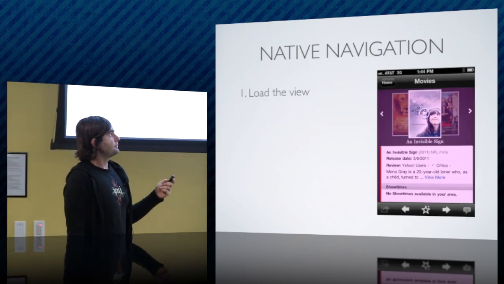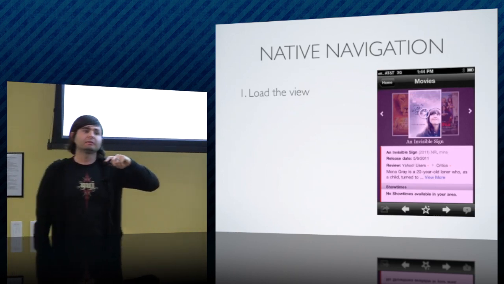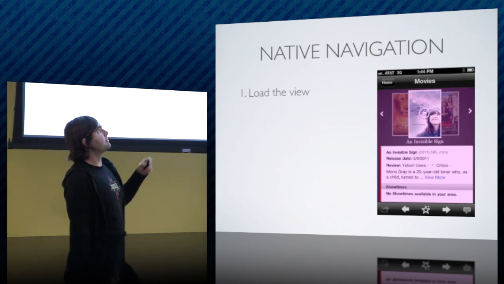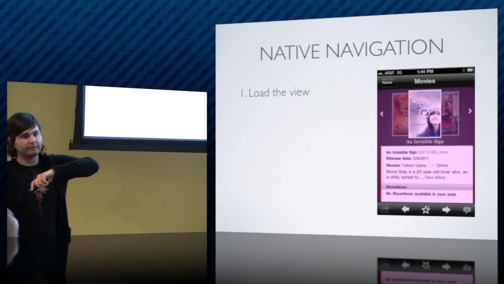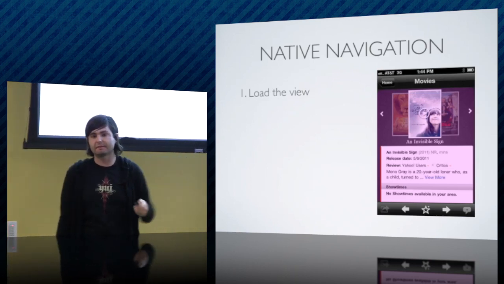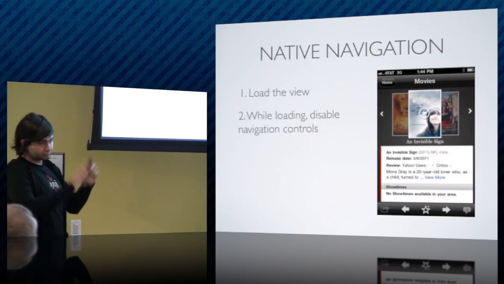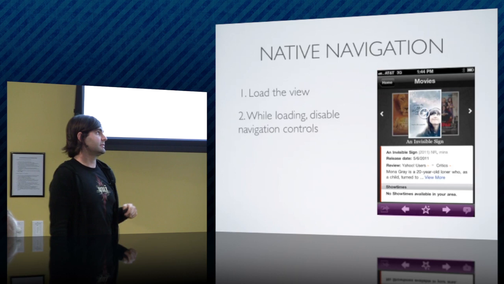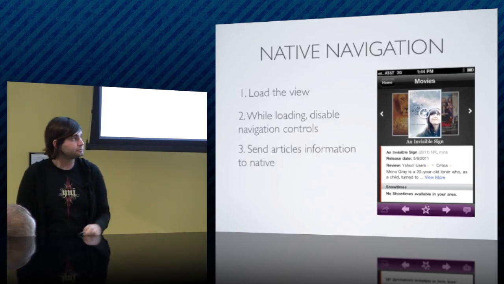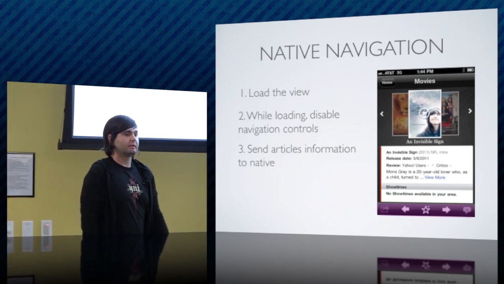So we needed to load the whole thing first, and also bring information about the next and previous document, just so we can pass it to the native layer, so it will know what to do when someone clicked previous and next. So load the view, block everything so the user wouldn't interact with anything and mess the page, enable that once it was loaded, and then send the article back and forth.